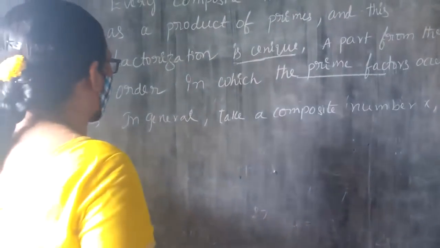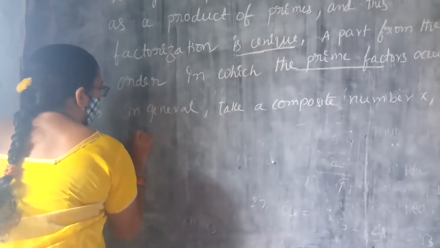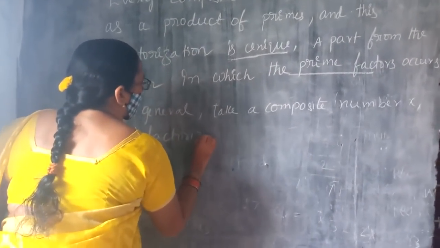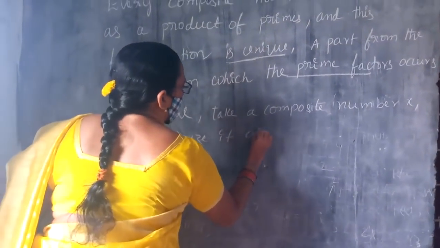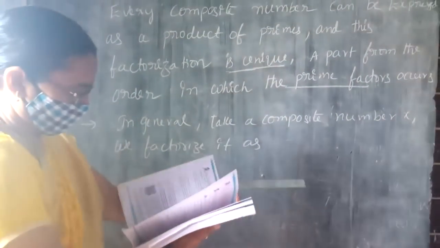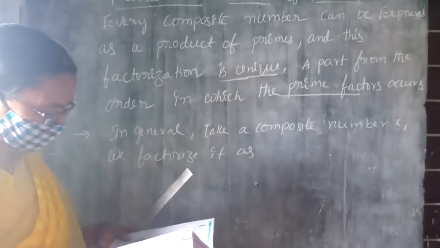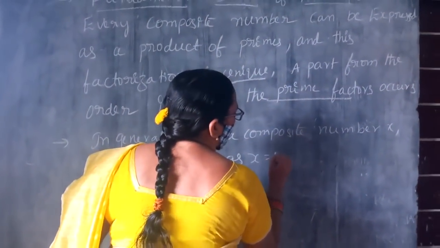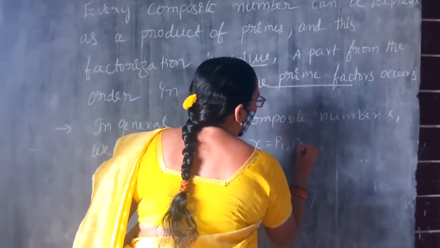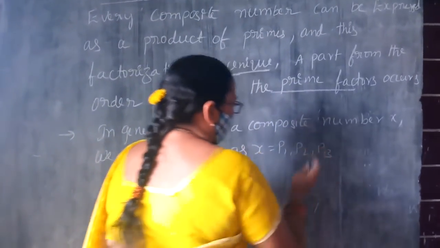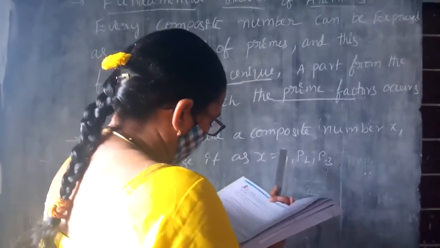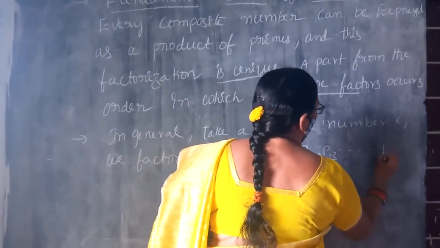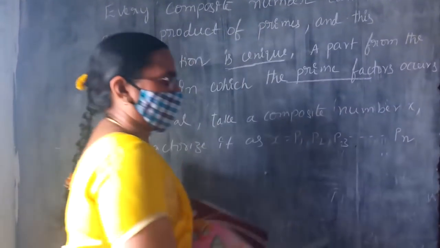We factorize it as x equal to p1 into p2 into p3 and so on up to pn.